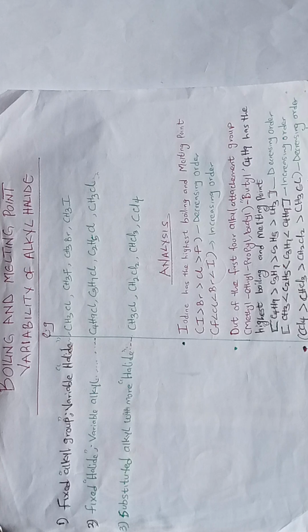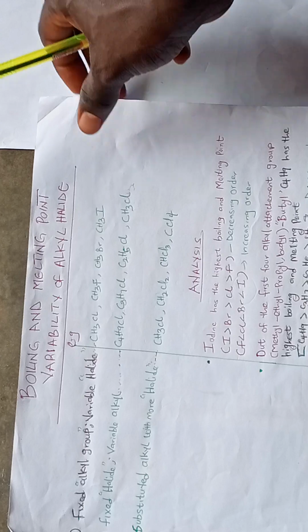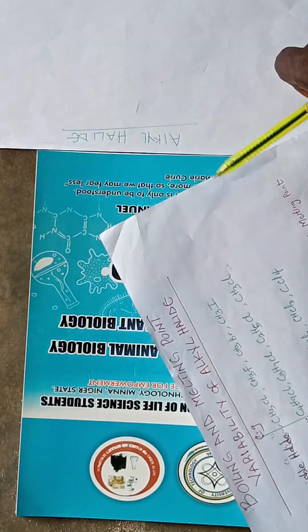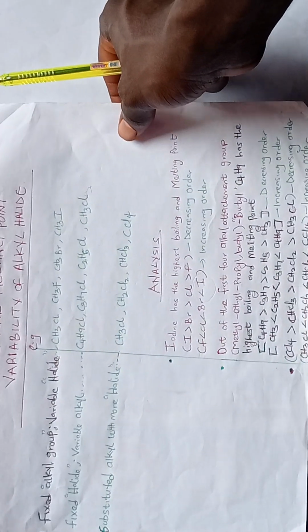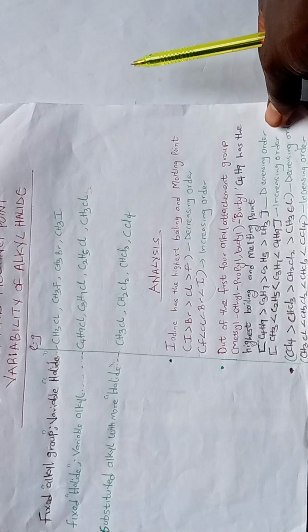It can either be that they fix the alkyl group and vary the halogens, or sometimes they fix the halide group and vary the alkyl group, and sometimes they might be testing you on substituted alkyl halides. These are the variabilities.